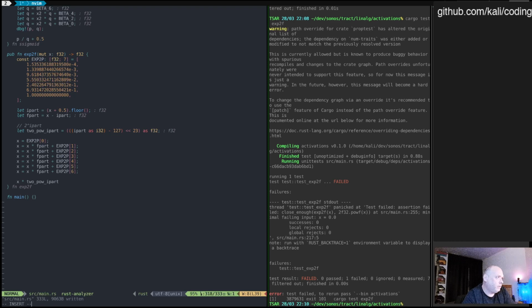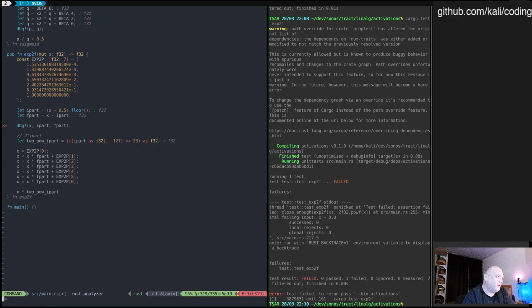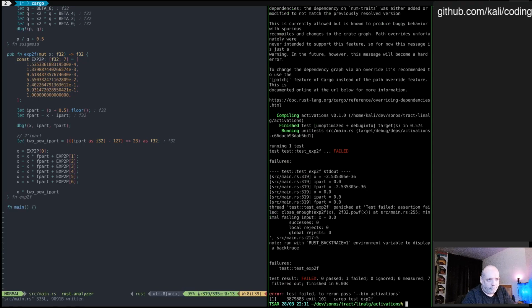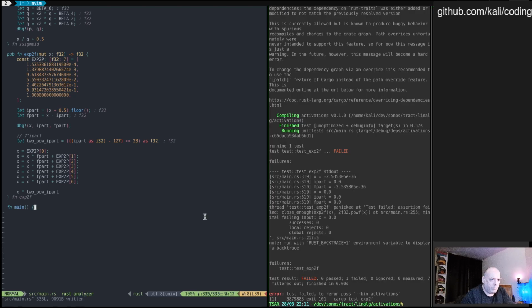So let's see x, I part, F part. So we should see 0, 0, 0. Super interesting, exp2f. So x is 0, I part is 0, f part is 0. Fine. Then the power of 2.